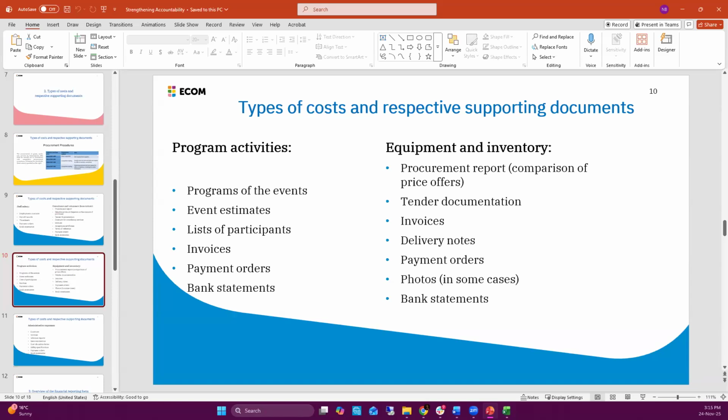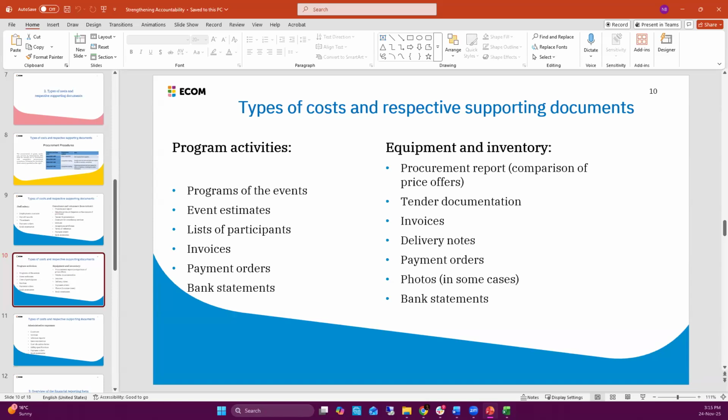This is a list with the signatures of the participants proving that they attended the meeting, the event. Invoices from different service providers for organizing this event, the payment orders, bank statements.